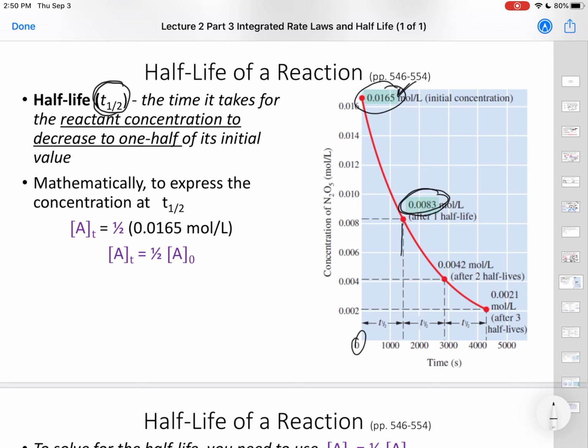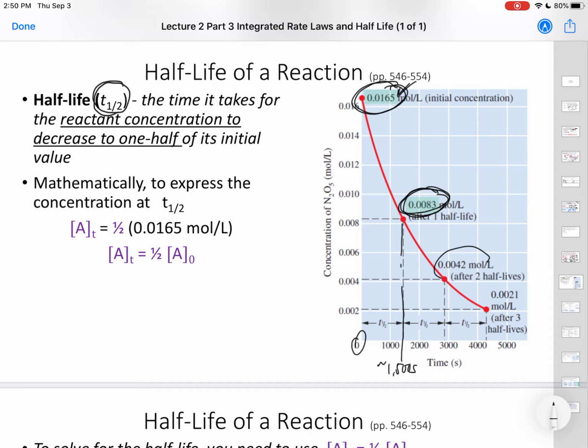According to this graph, it takes approximately 1,000, almost 500 seconds. This is what we call the half-life. The half-life is the time it takes for the concentration to decrease by half the amount.